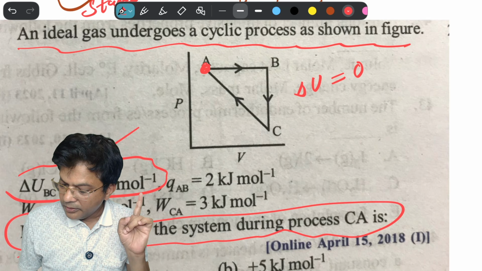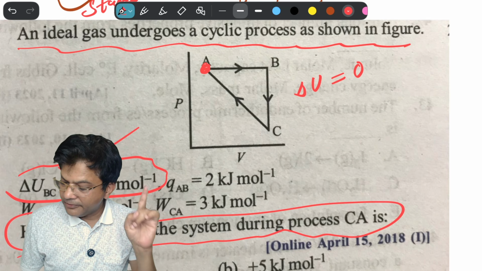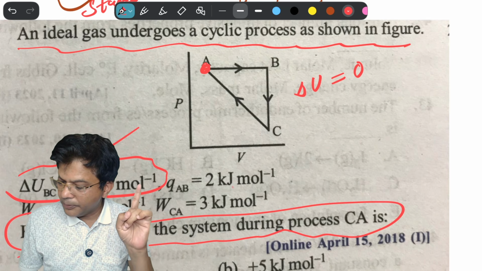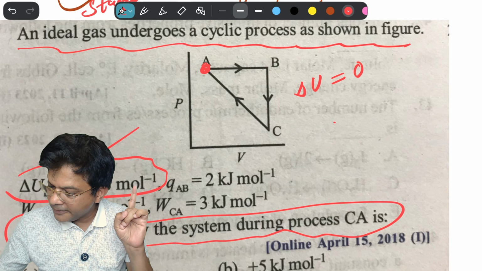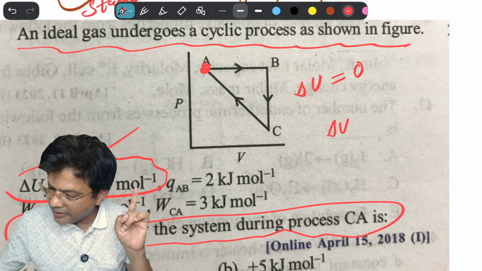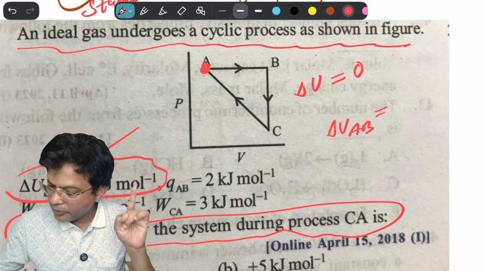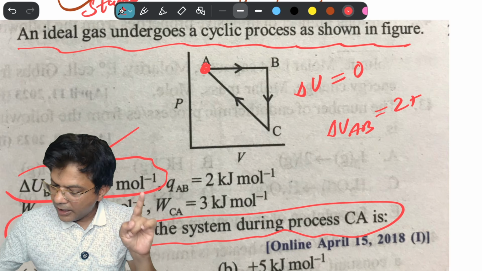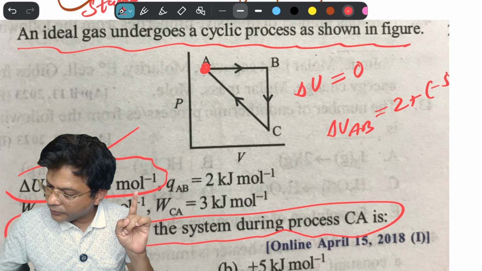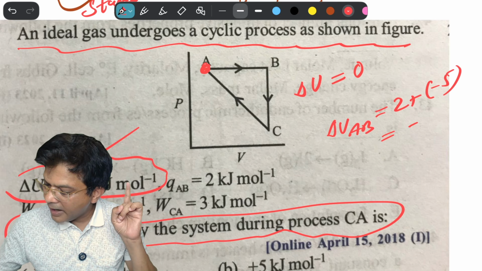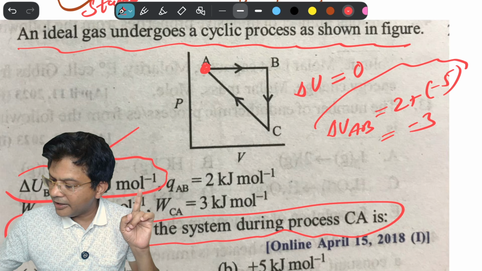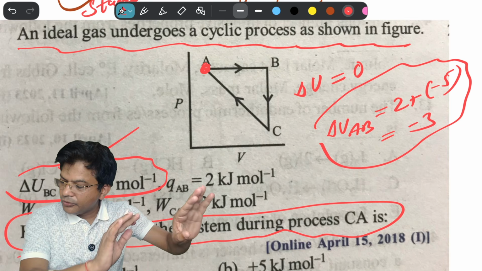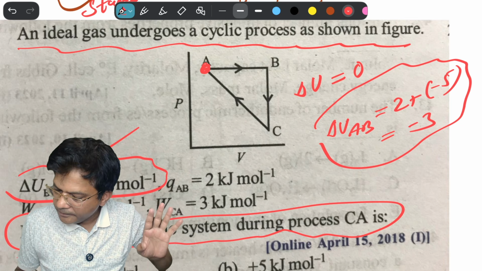Now W for A to B they have given, and Q for A to B they have given. So for A to B, the change in internal energy is equal to Q plus W, and Q is 2 and W is minus 5. So I got minus 3. The change in internal energy from A to B I have got.